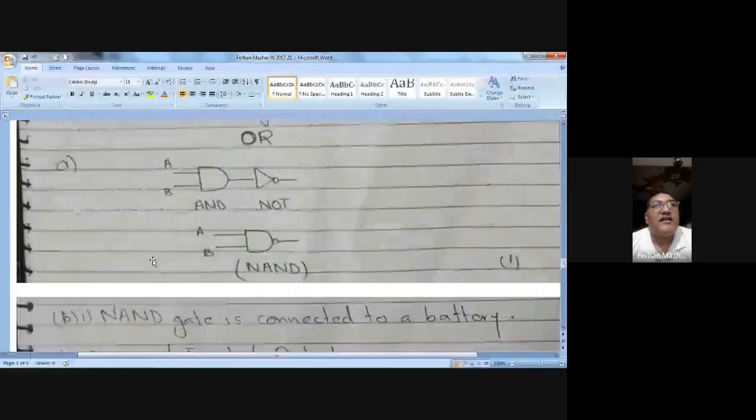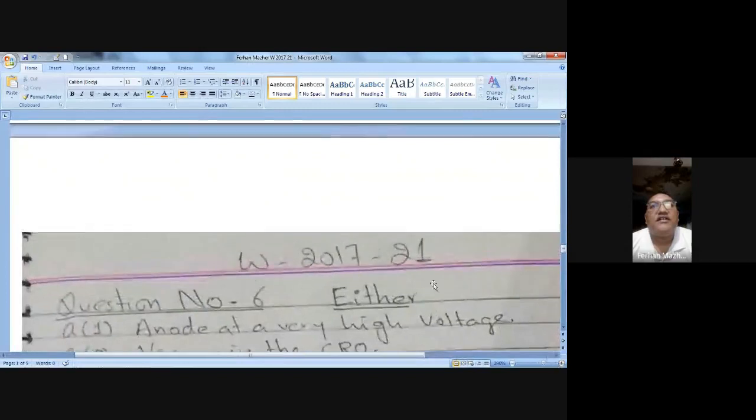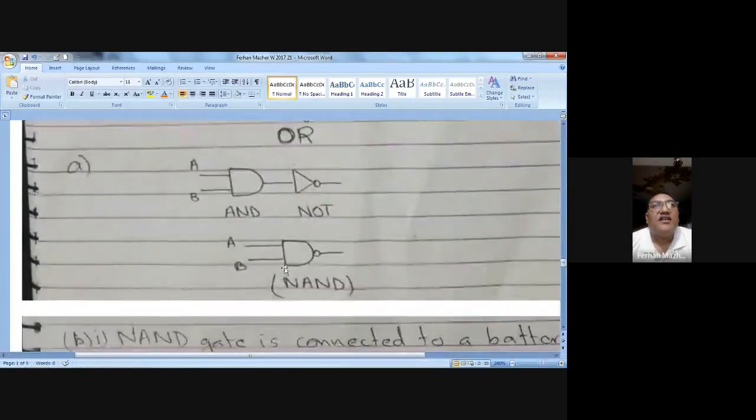On your screen, I hope you can see, let me increase the size. This first diagram which I drew here is an AND gate, and its output is connected to a NOT gate. We can use this symbol, and this is the universal symbol used for the NAND gate.